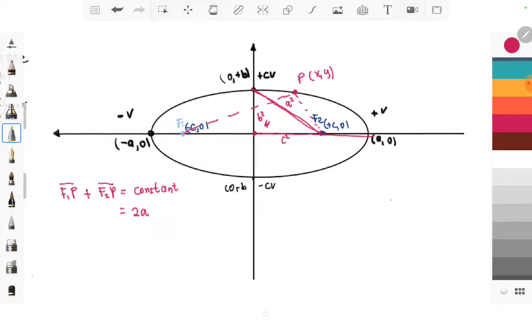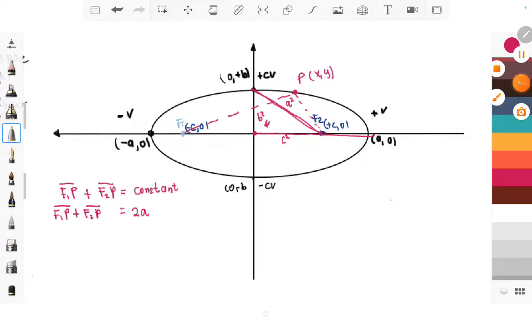Now, since I know that f1 to the point p plus f2 to the point p is equal to 2a, therefore we can derive our formula, knowing that we are considering our center h, k at 0, 0.